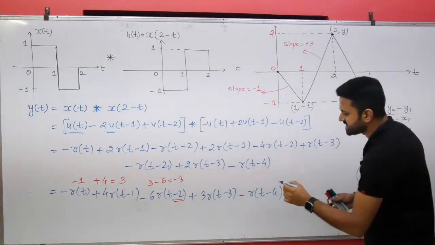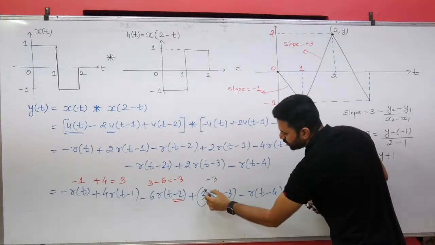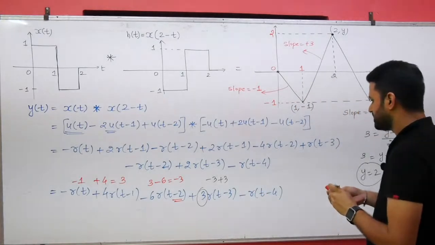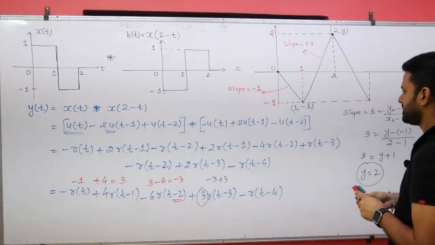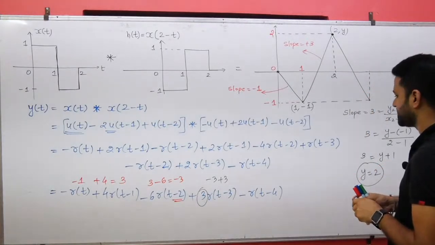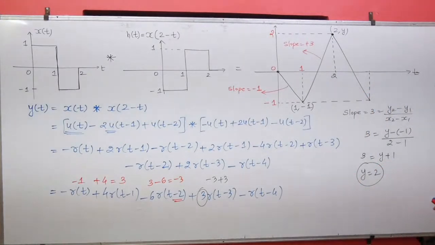Now the slope is changing here, minus 3 and the slope is plus 3. So minus 3 plus 3 will become 0. Why is it so? Is there any calculation mistake?